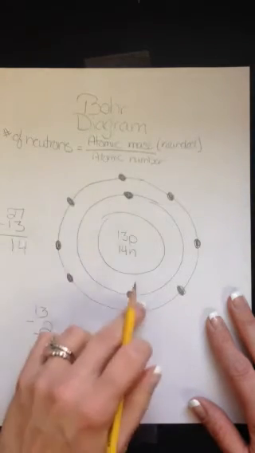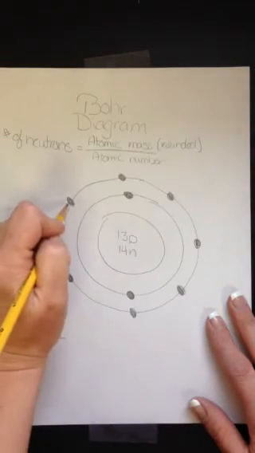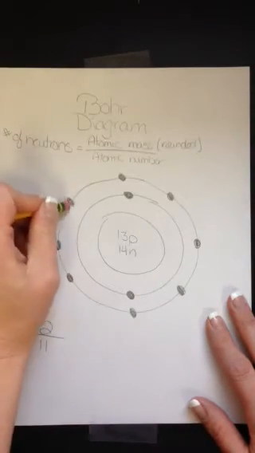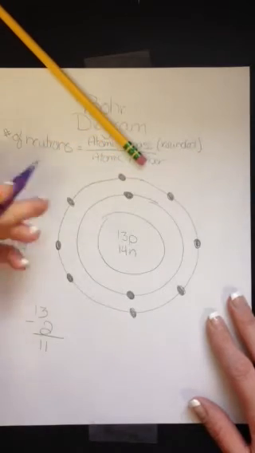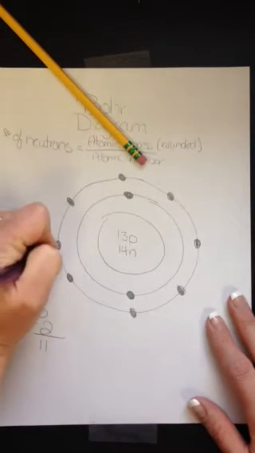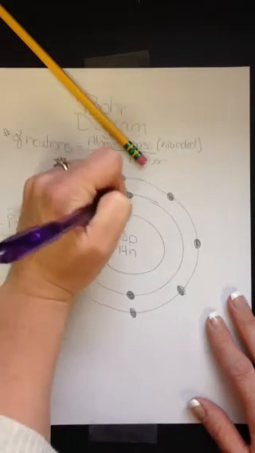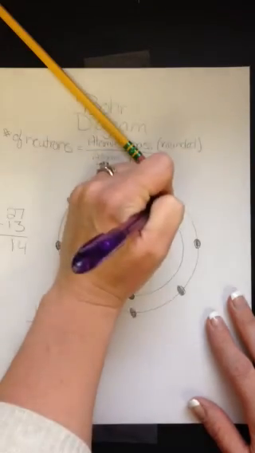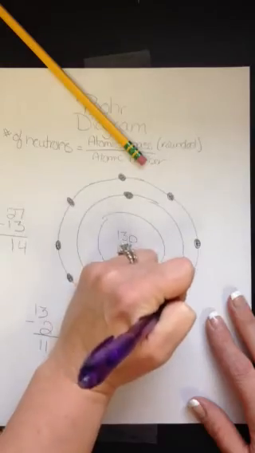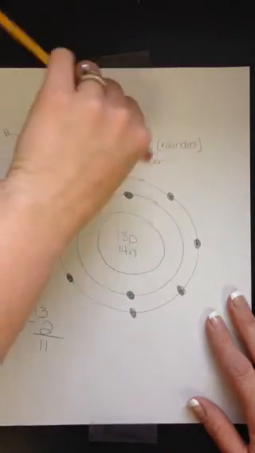Remember that each one of these has a negative charge. I could write right in here, negative, negative, negative, negative. That helps you to remember that they each have a negative charge.